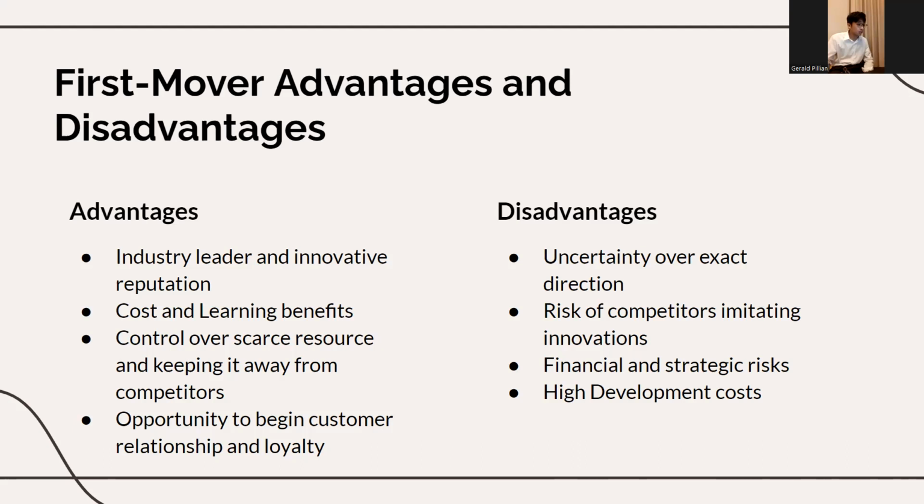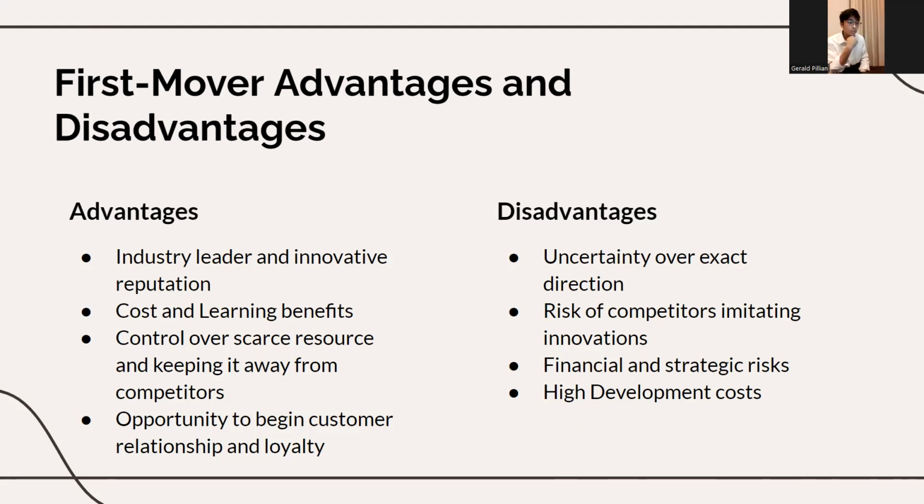And the disadvantages are uncertainty over exact direction, so you don't really know what you're there for. No, you know what you're there for. It's more like you don't know where you're going to get, because you have a product, but you don't know where this product is going to get. Because you're the first one, you have no examples in front of you. You're not following anybody. You're following yourself.